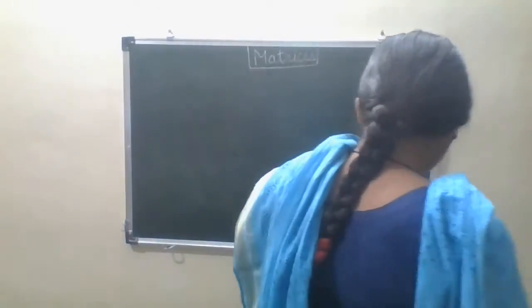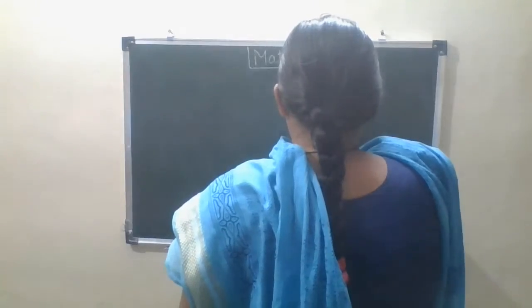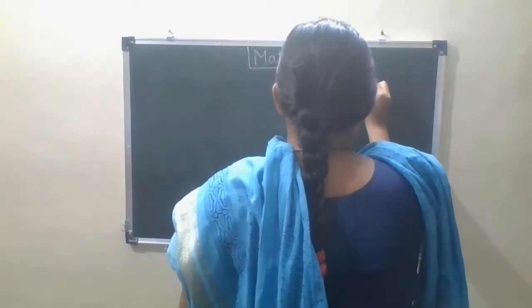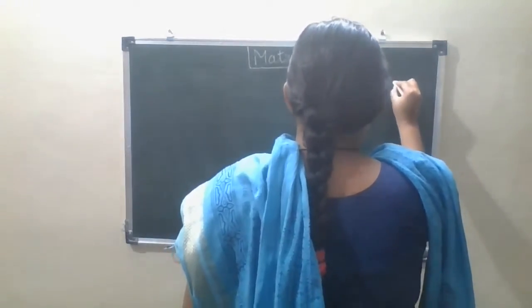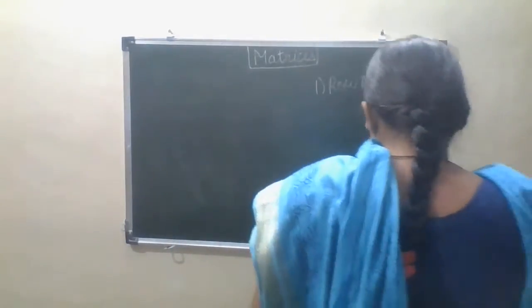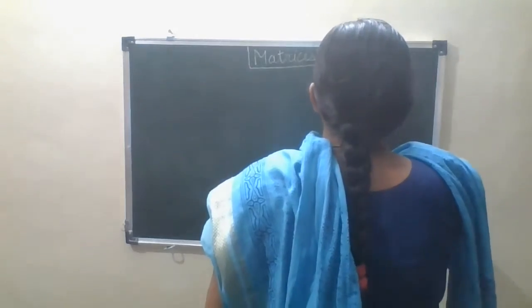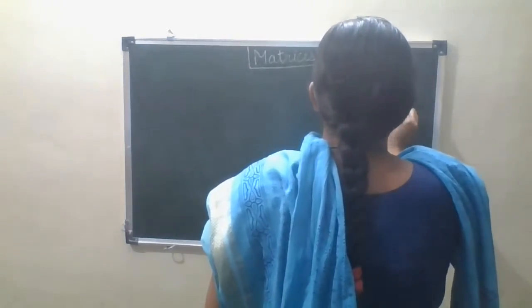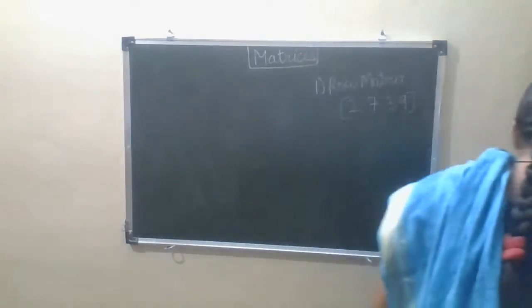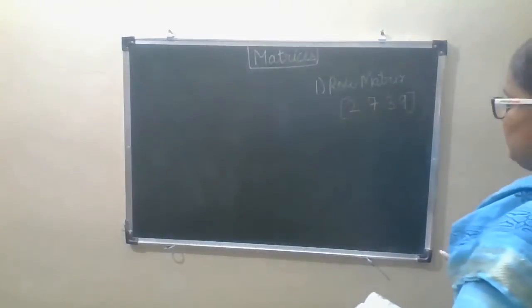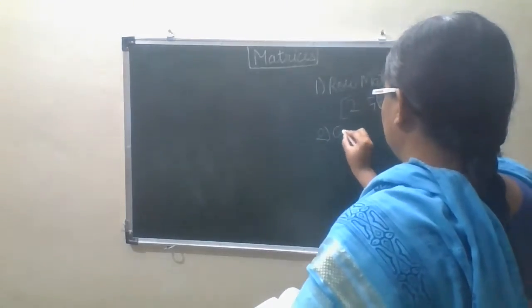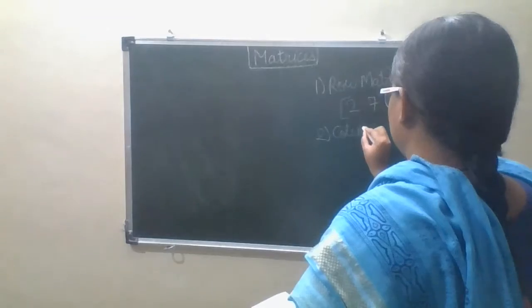First is the row matrix. Second is the column matrix.